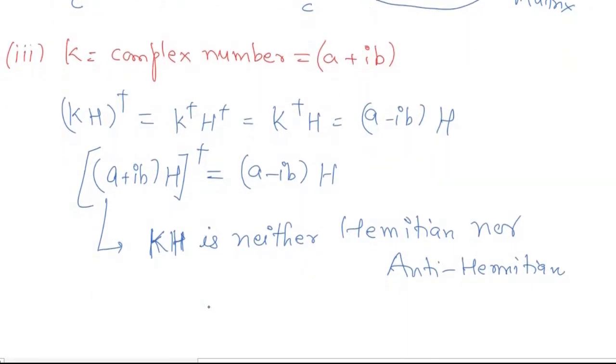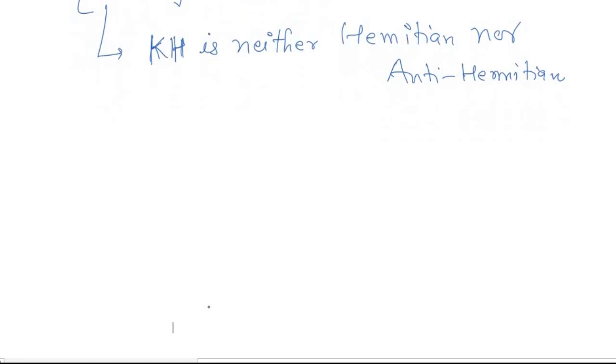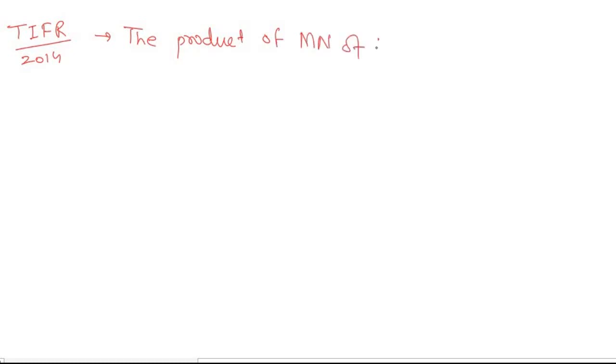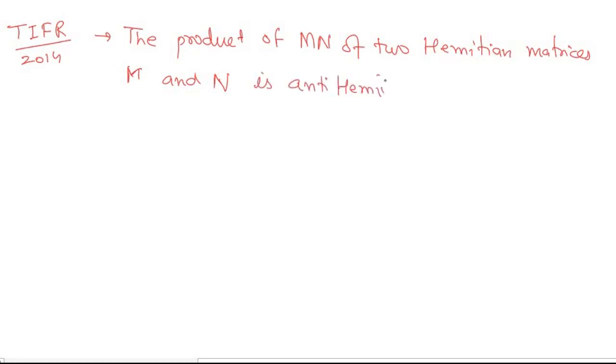On these Hermitian and anti-Hermitian properties, let me discuss one question that was asked in TIFR 2014. The question was: the product MN of two Hermitian matrices M and N is anti-Hermitian, then.